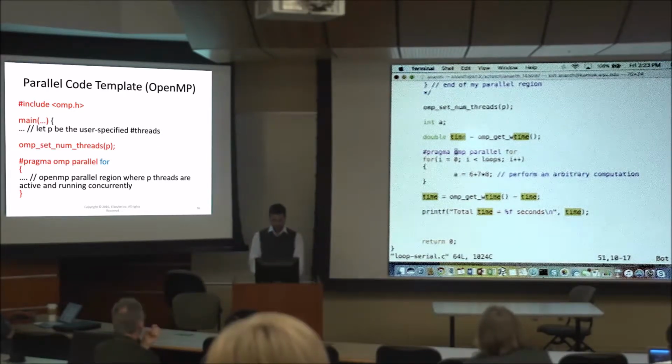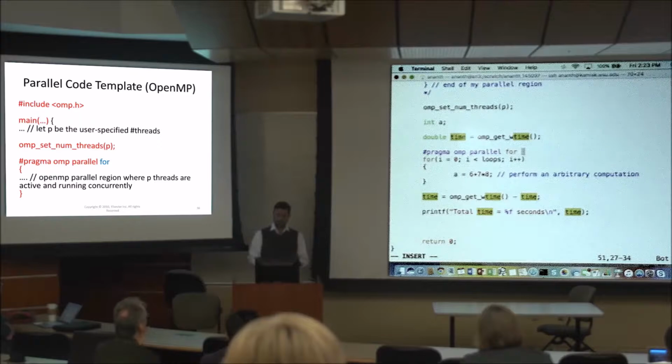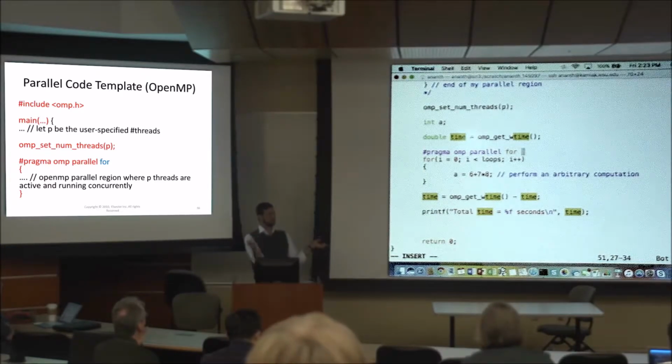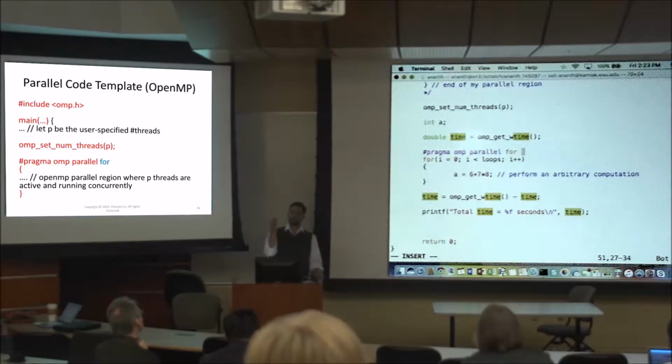So to get the scoping right, is this what we want to be doing? Because a is being written to, let's assume it's okay in this context to make the variable a private to every thread. We don't want it shared but private. What that means is each thread will make a separate copy of a and operate on that copy.